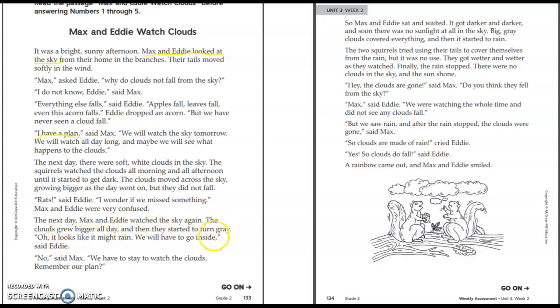So it looks like it's starting to turn gray. They're watching the clouds still. It got darker and darker, and then it started to rain. So I know that that is the last thing that happens at the end of the story.